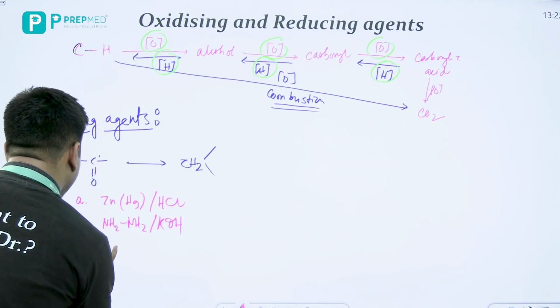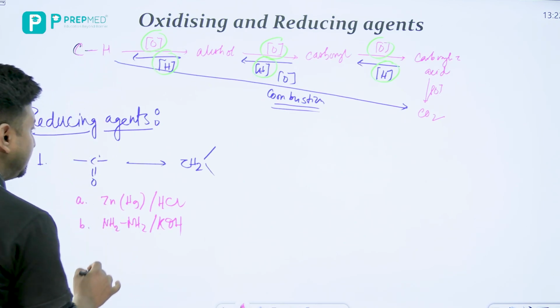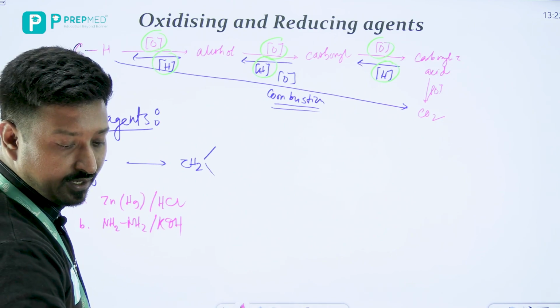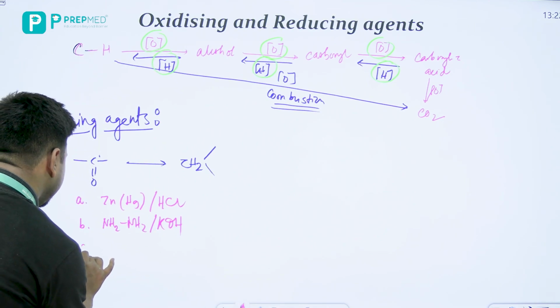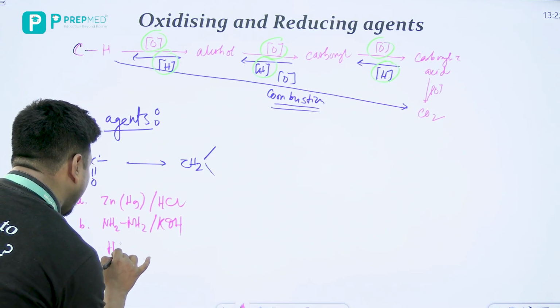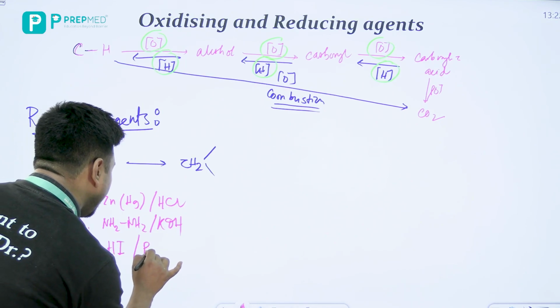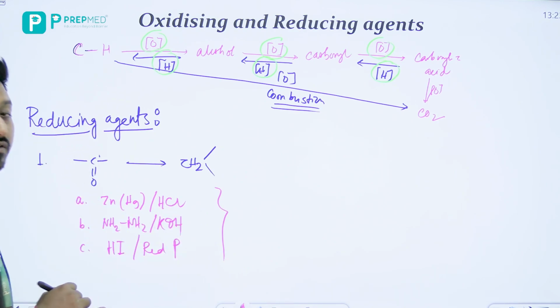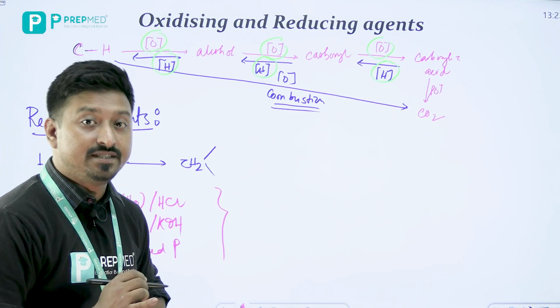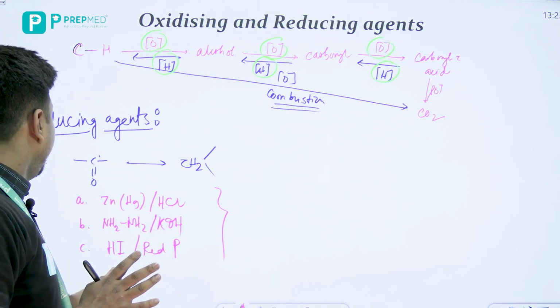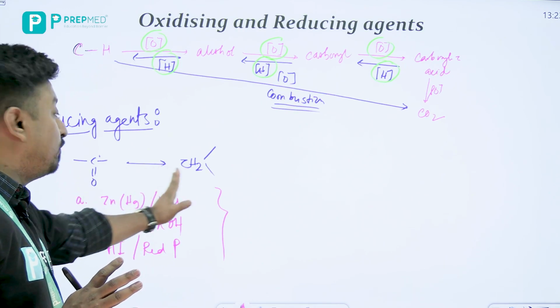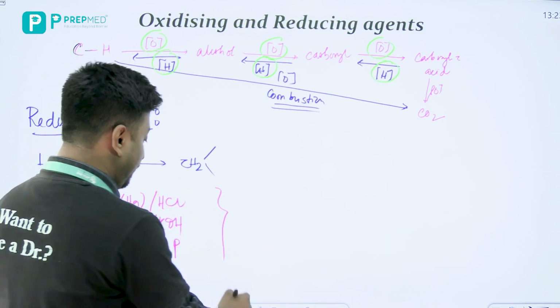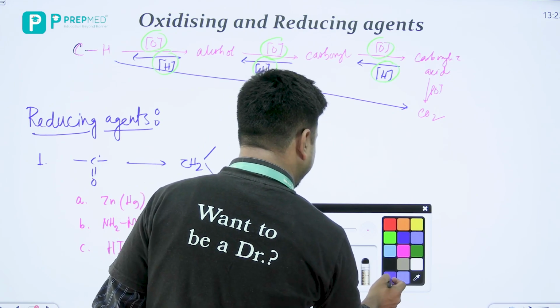We can also use number C, HI in presence of red phosphorus. So these are the three reagents which we can use directly to convert a carbonyl group to an aliphatic group.